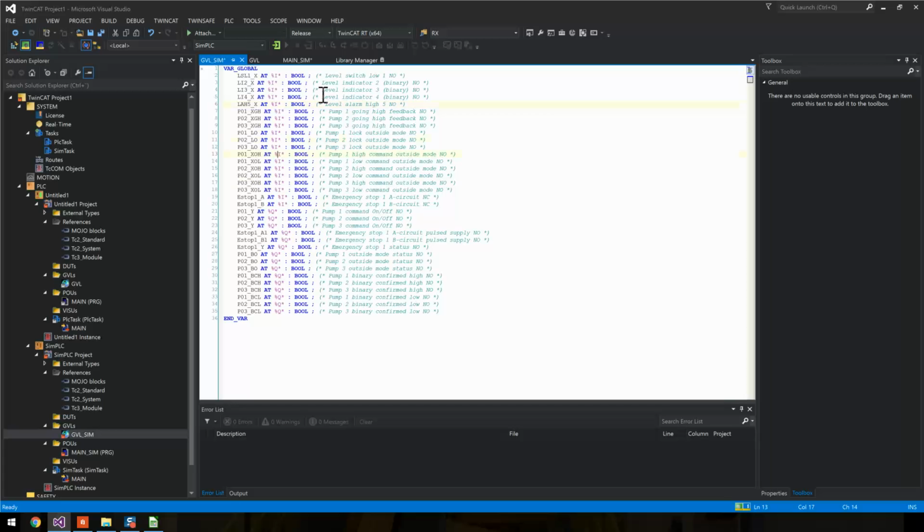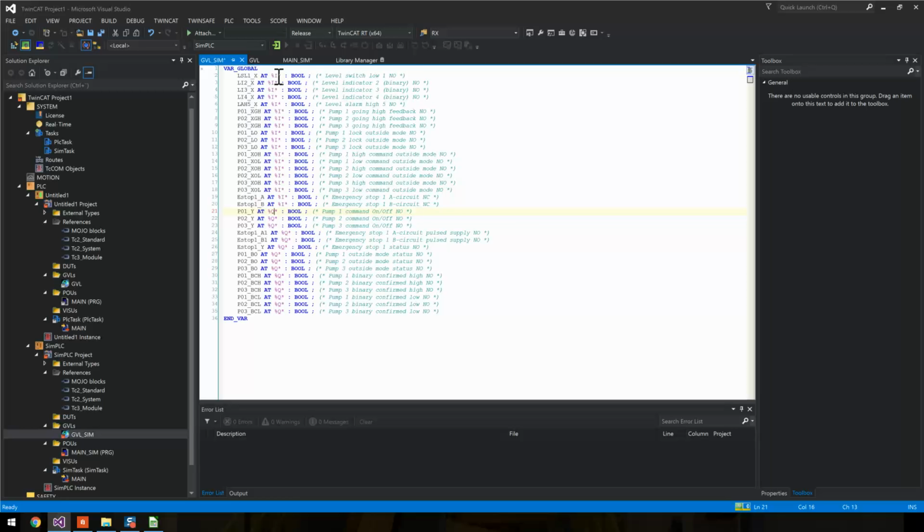So we'll receive the output from the Untitled 1 program, turn on pump 1, that's an output from there, but here it's an input, and then we turn on some flow and hopefully simulate something that makes sense.